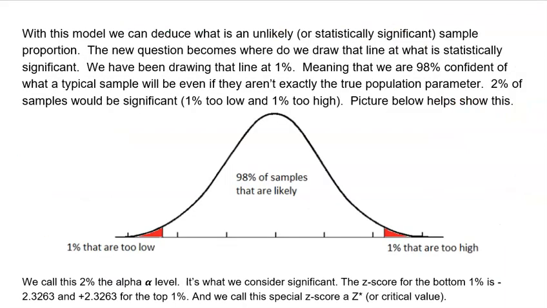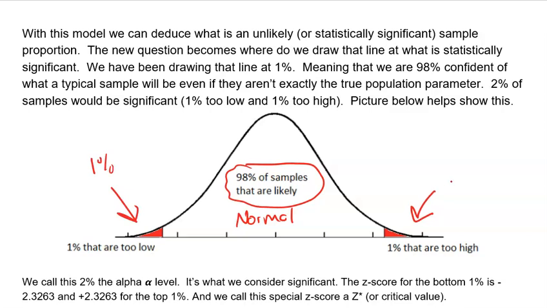Okay, so we typically have been saying for a while now that anything unlikely or significant has a probability under 1%. So if I take a look at this sampling distribution that I just made for the proportion of red gummy bears, I know that 98% of samples in the middle are totally normal, right? Only the top 1% or the bottom 1% are significantly high or significantly low.